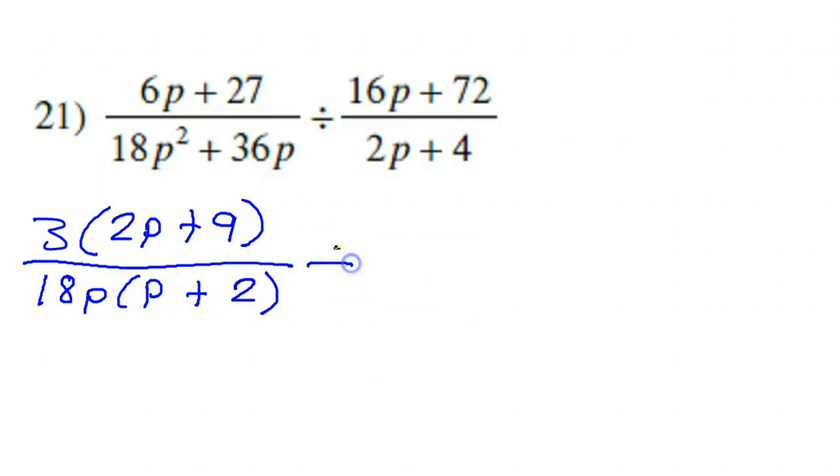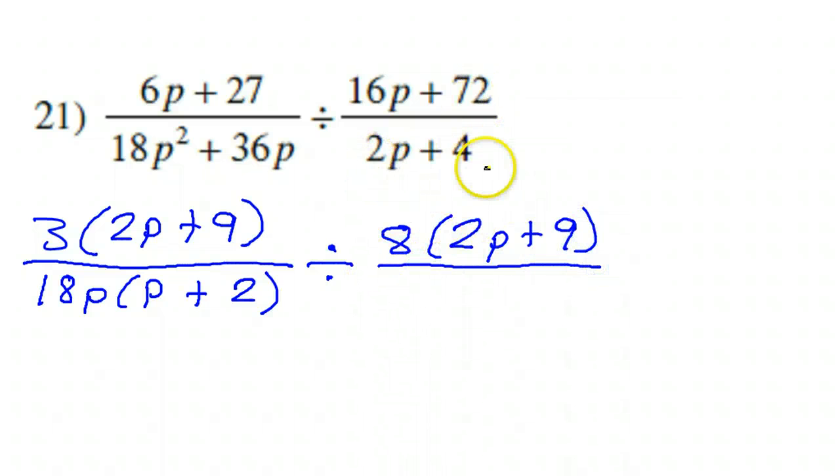Over here, 8 is the GCF. So if I bring out 8 times 2 is 16, and 8 times 9 is 72. Now here I have a GCF of 2, so that'll be 2 and then p plus 2.